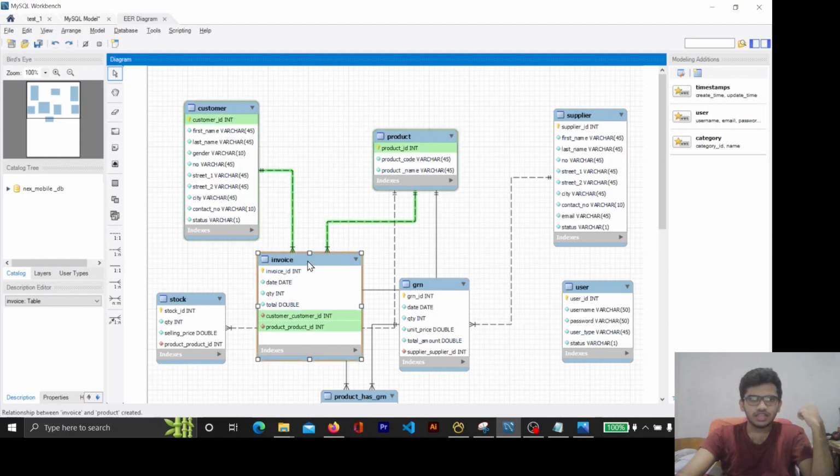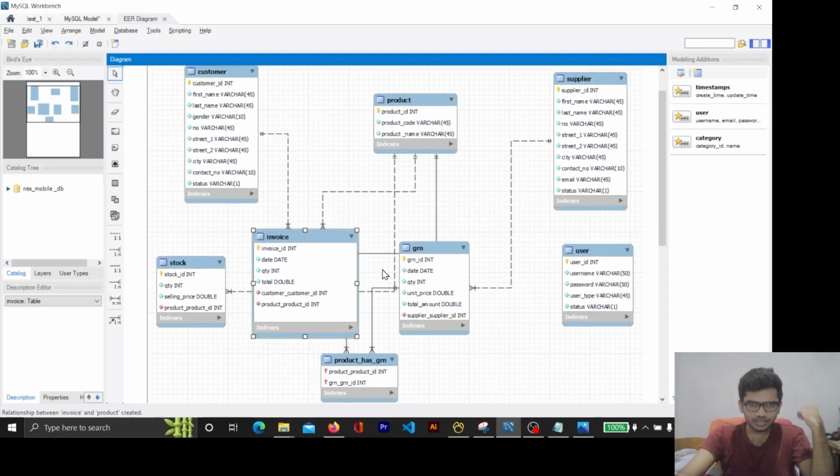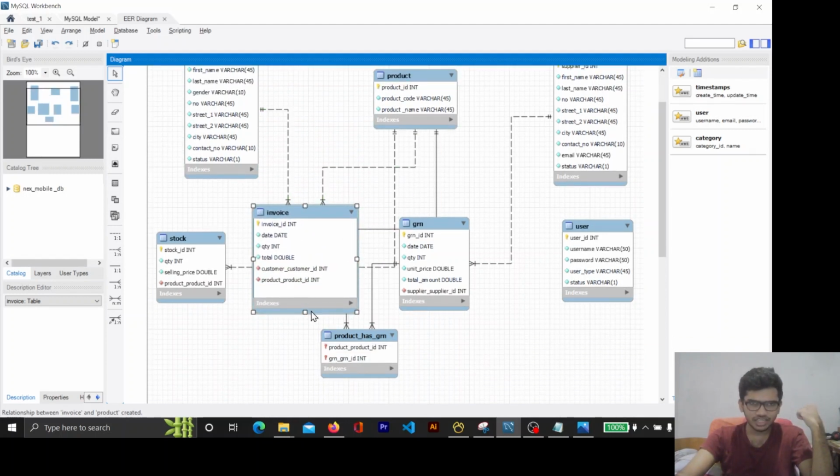If we take a look at the invoice table, this would be much clearer. One customer, okay, I just remembered the word, owned. One customer can own up to one invoice per purchase.